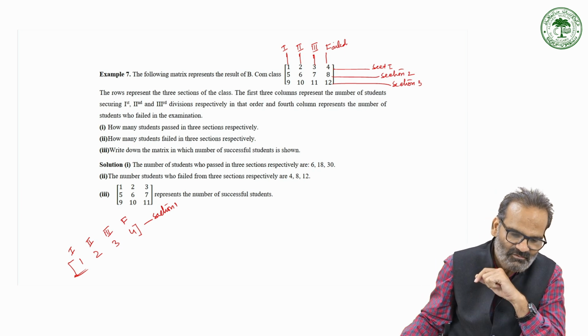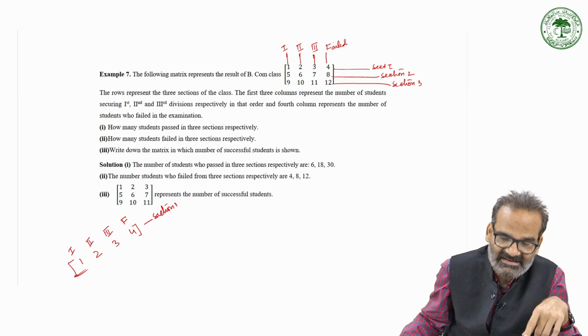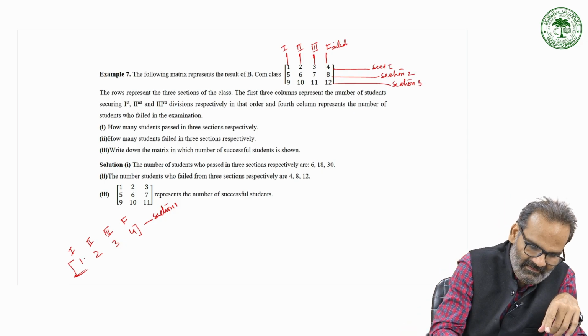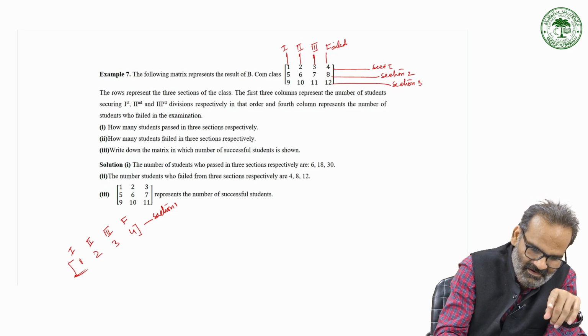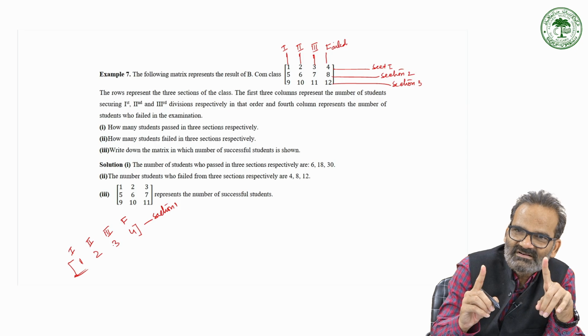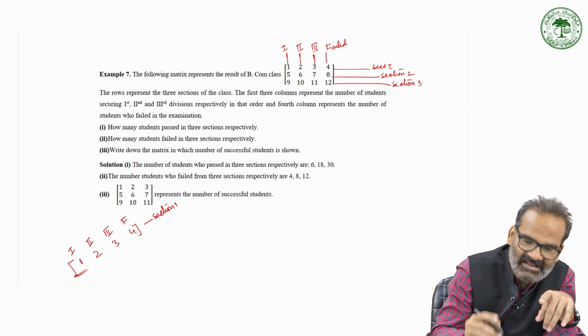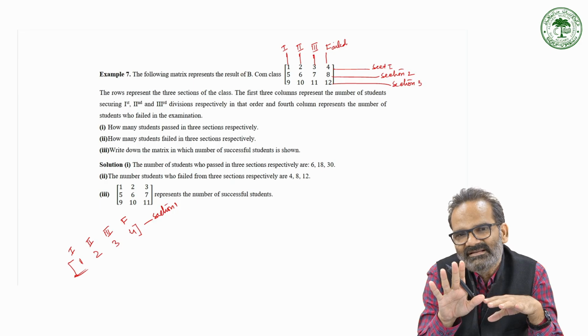So what does row 1 represent? Row 1 means in section 1 there is only one student who secured first division, there are 2 students who secured second division, there are 3 students who secured third division, and there are 4 students who failed. Clear? Understand?